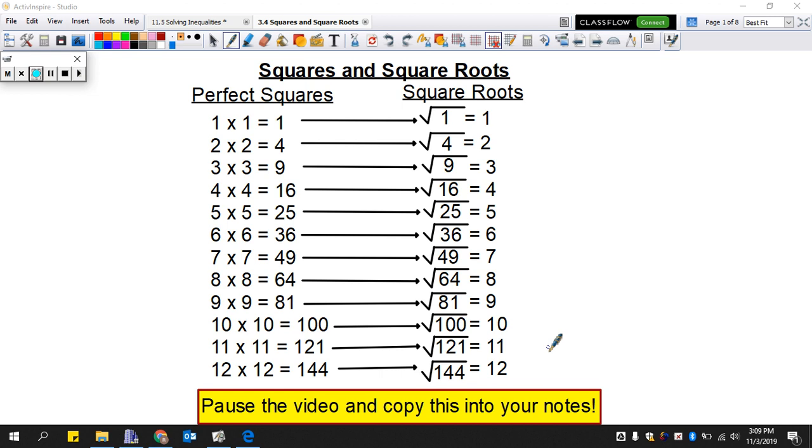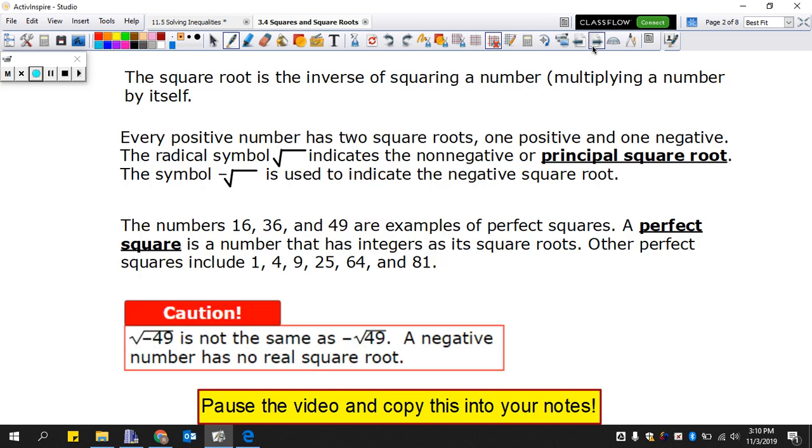All right, so as I mentioned just a few minutes ago, a square root is the inverse of squaring a number. In other words, it undoes, or it's the opposite of squaring a number. And when we do that, every positive perfect square number, or even another number, has two square roots.